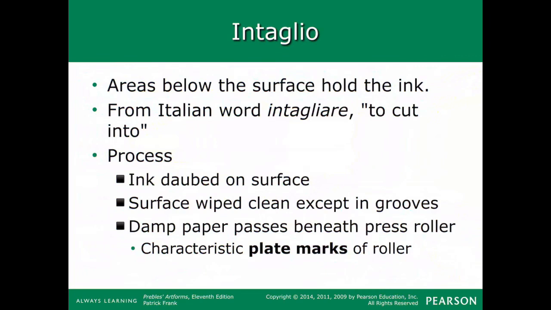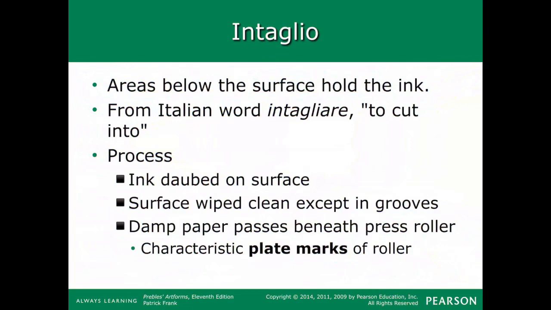We're going to talk about intaglio, where areas below the surface hold the ink. It comes from the Italian word intagliare, which means to cut into. It's one of the other few foreign words that I'm asking you guys to remember. Intagliare, chiaroscuro, what else?